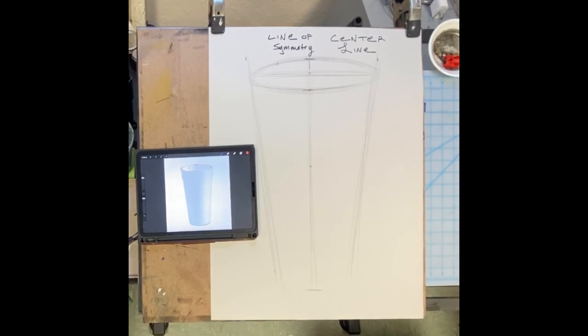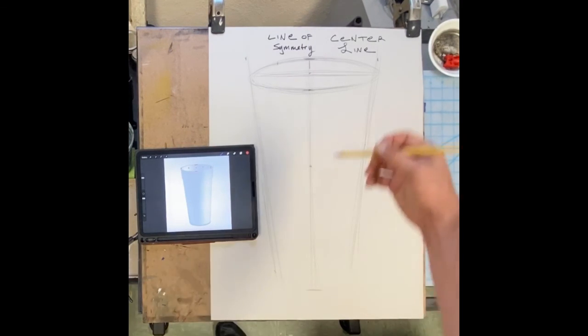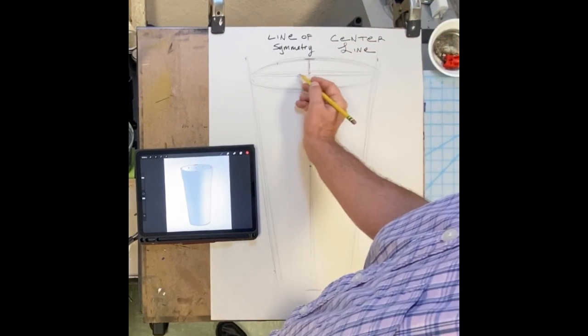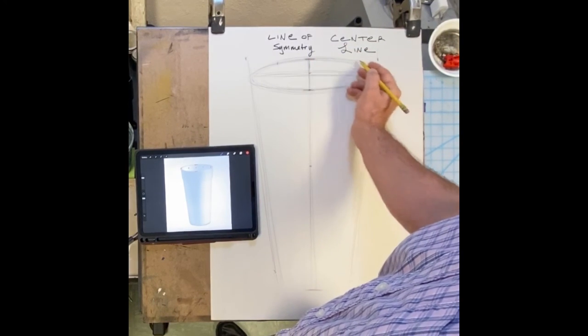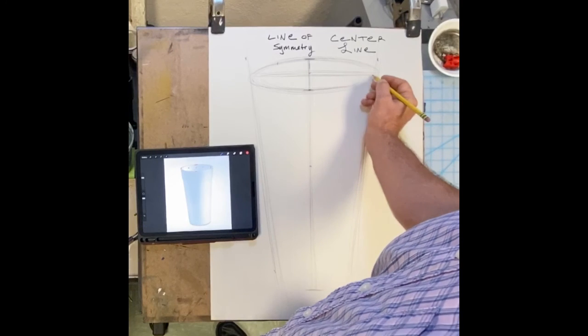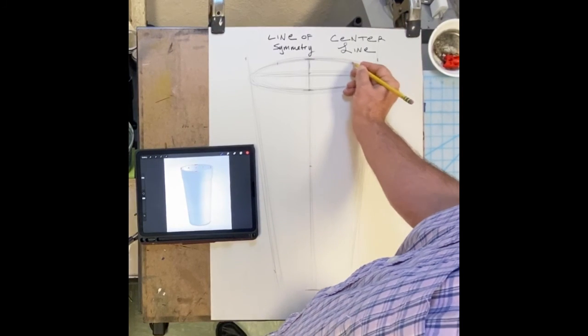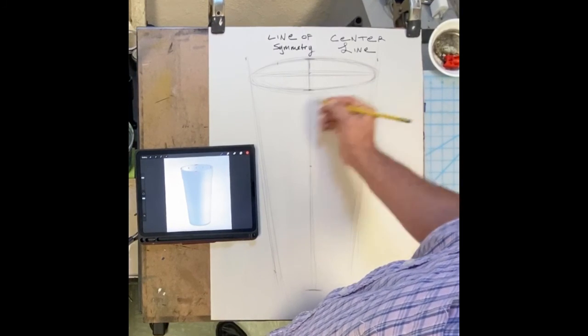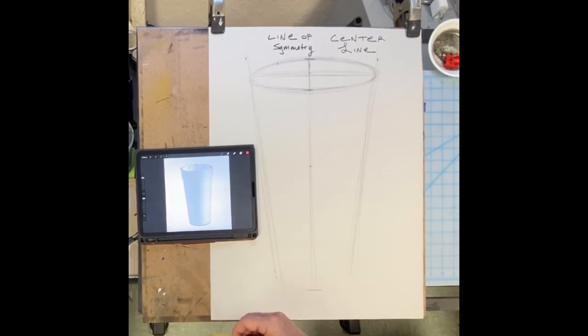Okay, so now we have the proper height and width of our ellipse. And you can tweak that by making sure that this is a reflection of this and that this is a reflection of this. And to me, it looks like this needs to come in a little bit in order to be absolutely symmetrical.